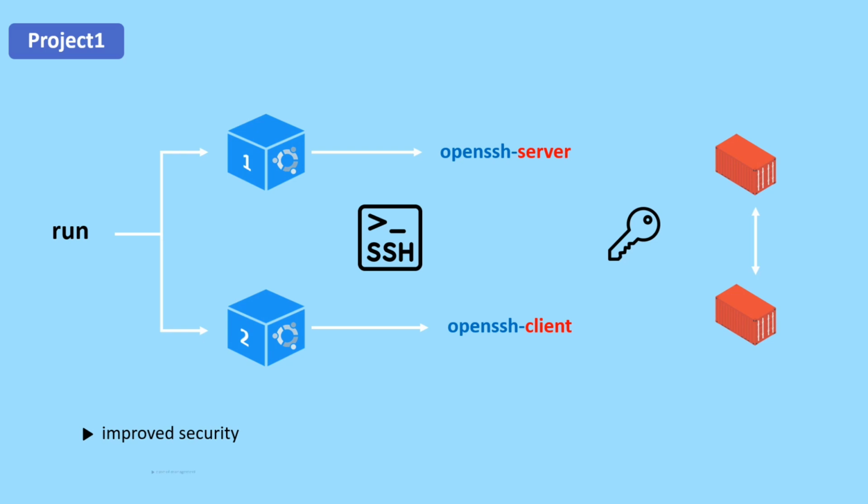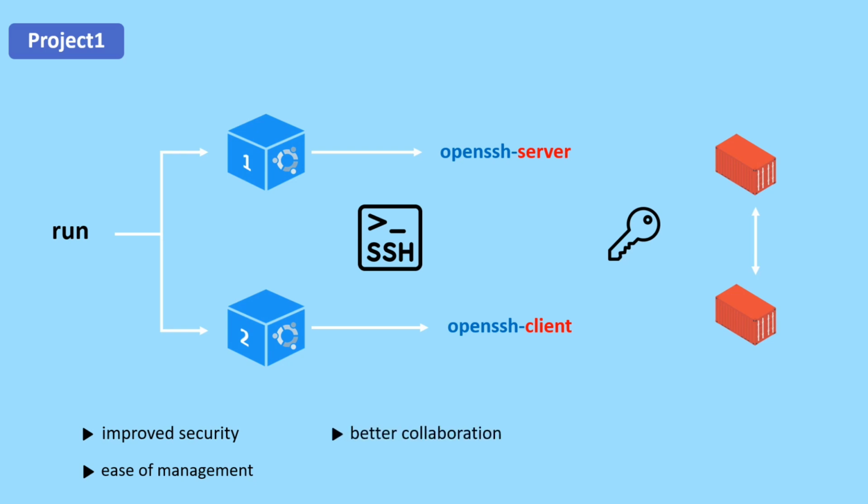Second, ease of management. Docker makes it easy to manage and deploy containers, which helps to reduce the complexity and the time required for managing your application infrastructure. By using containers, you can easily move your application from one environment to another, making it easier to test, deploy, and scale your application.